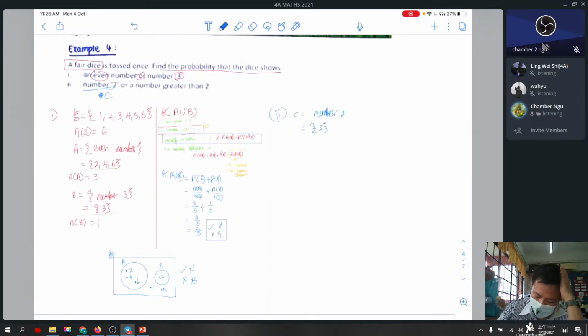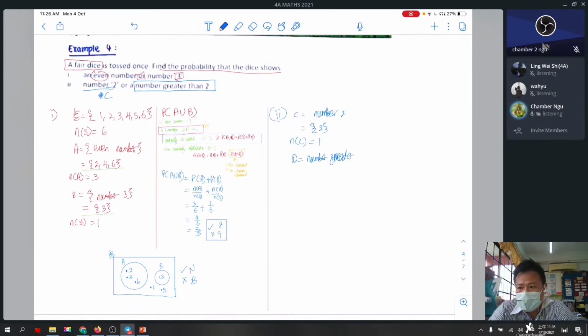So the elements will be 2, right? So the number of elements in the set C is 1. Then a number greater than 2, we define it as D. Number greater than 2.